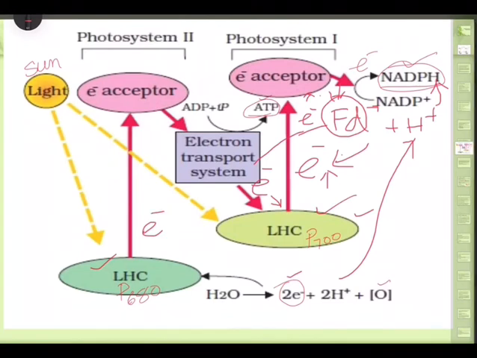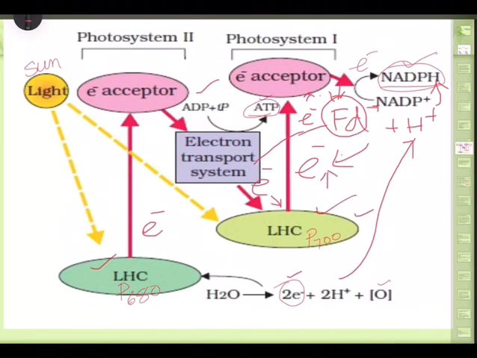What about non-cyclic photophosphorylation? Both LHC P680, PS2 as well as PS1, are involved. Here the electrons get excited at the light harvesting center, and these travel to the electron acceptor. Varieties of cytochromes will be there, cytochrome a, cytochrome b, cytochrome f, like that, and the electrons will be reaching this way, and here ADP plus Pi makes ATP, which will be synthesized.